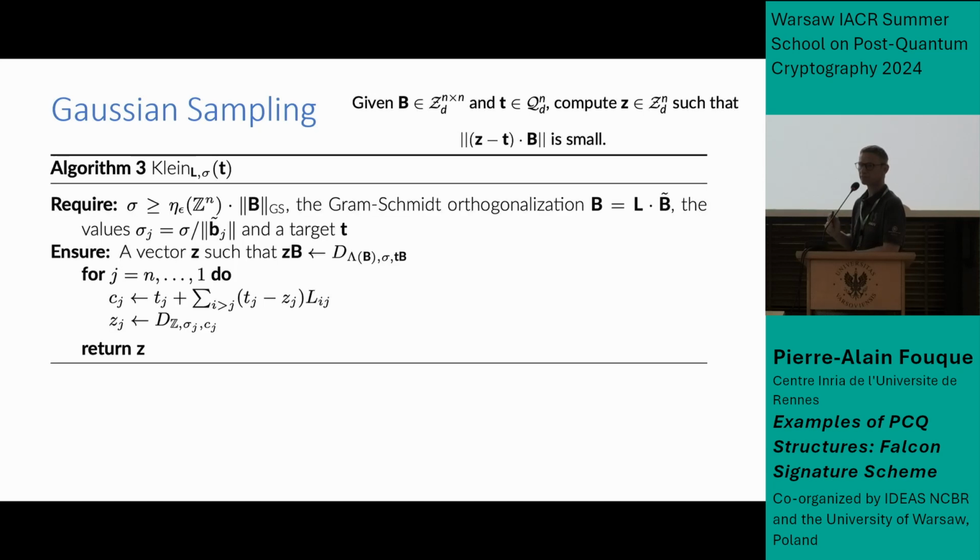This algorithm has been described by Klein, and you can see that it is closely related to the nearest plane algorithm that I described before. The only thing that is different is that here, before, we take the integer that is closest to some value.